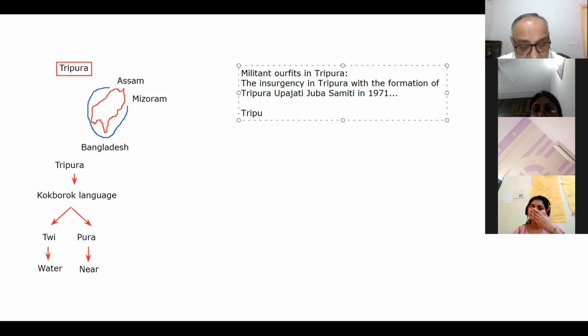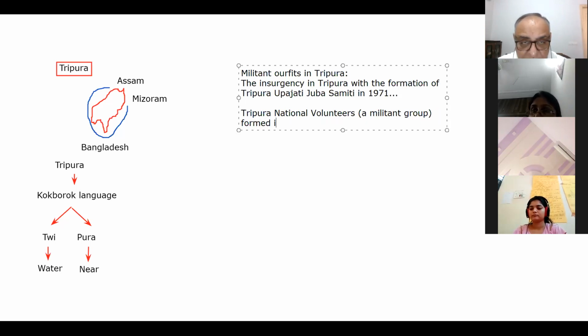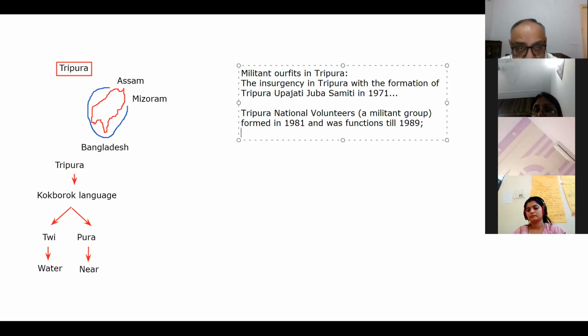That was a militant group formed in 1981. तो ये 1981 में ग्रुप बनाया गया and was active and functional till 1989. ये 1989 तक एक्टिव रहा ये ग्रुप.